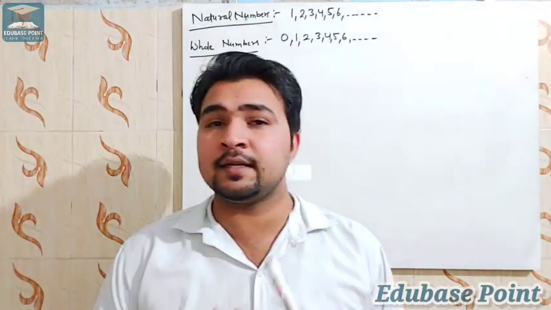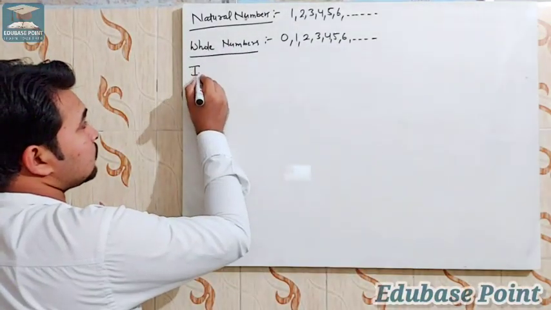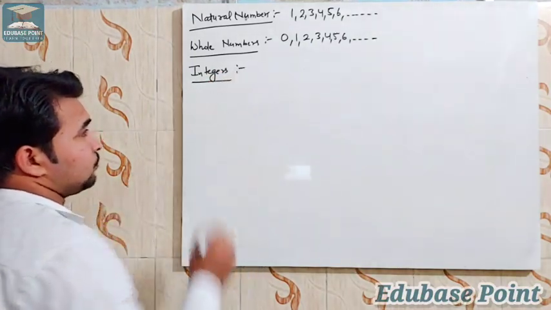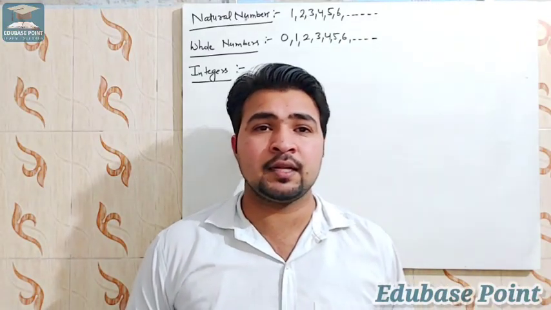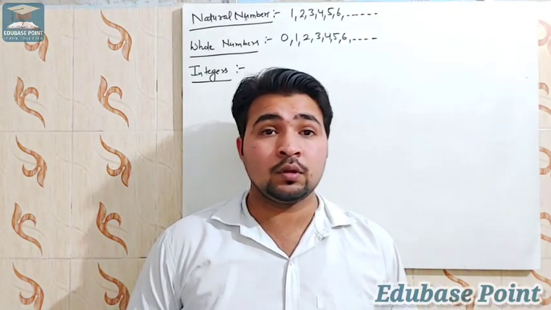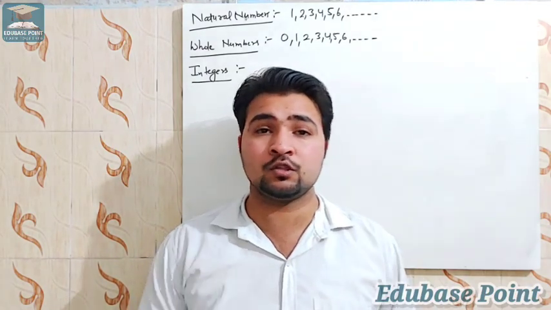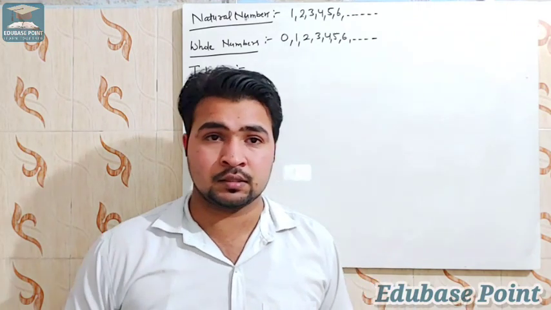Now the third one is the integer. For integers, you can simply say that all the positive natural numbers, all the negative natural numbers and the 0, these all are integers.